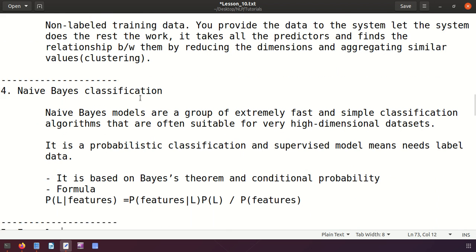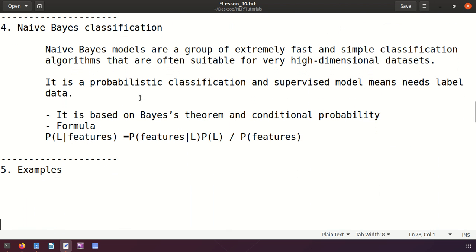Then let's see a type of machine learning called naive Bayes classification. The naive Bayes classification model is a supervised model, meaning it needs labeled data. It is a group of extremely fast and simple classification algorithms that are often suitable for very high dimensional data sets.